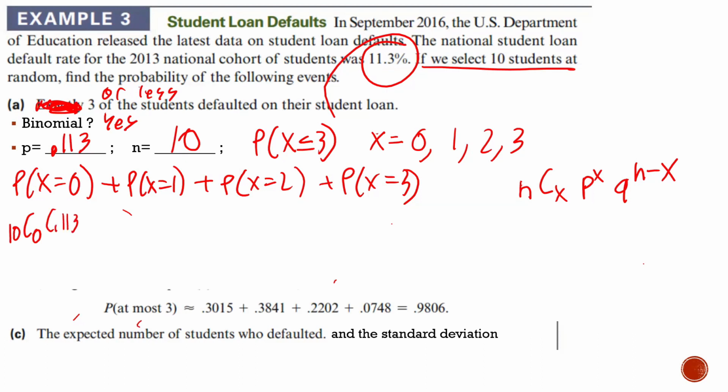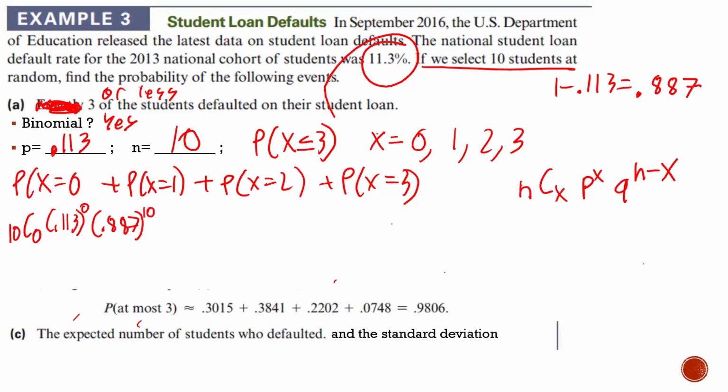0.113 to the power of 0, times 0.887 to the power of 10. Oops, that's 0 and 10, my mistake.